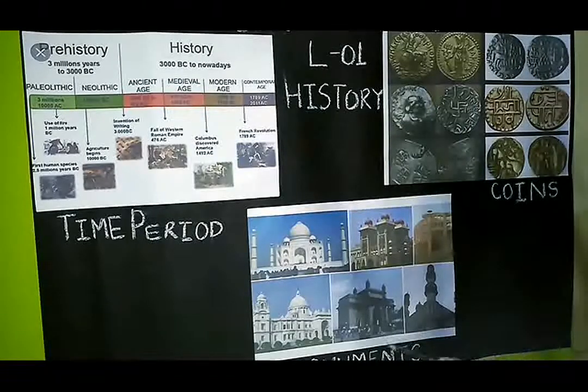Temples, mosques, tombs, stupas, palaces and forts are the monuments of the past. The style of construction and the material used throw enough light on the knowledge of the people of the past. For example, the Taj Mahal reveals the artistic skill of the people of its time.